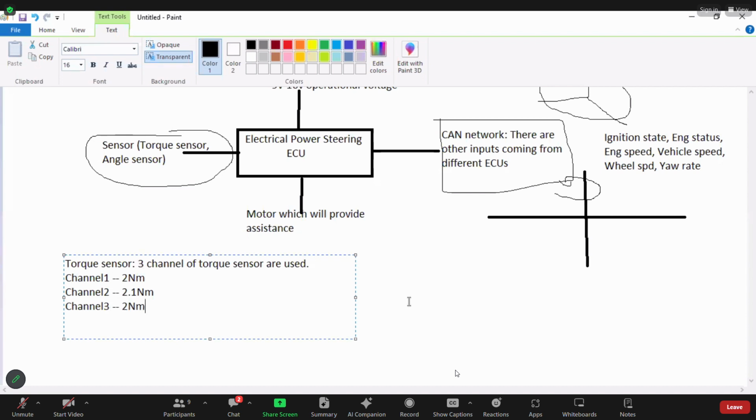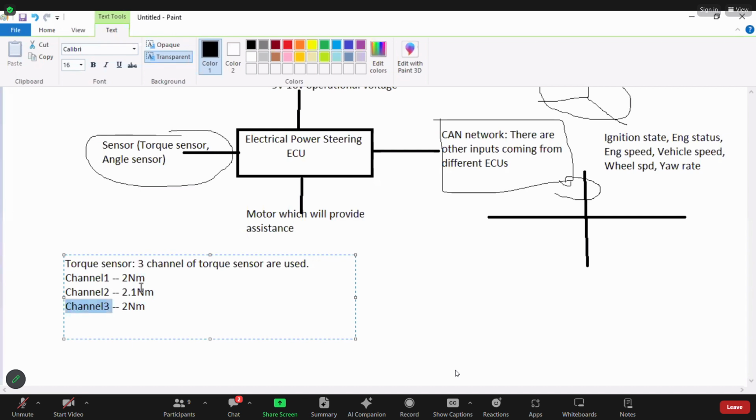So it will take an average of 2. Now if channel 2 fails, then depending on the channel 1 and channel 3 input, the ECU will take that as the sensor input.